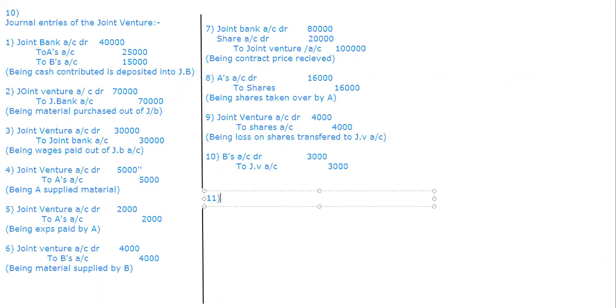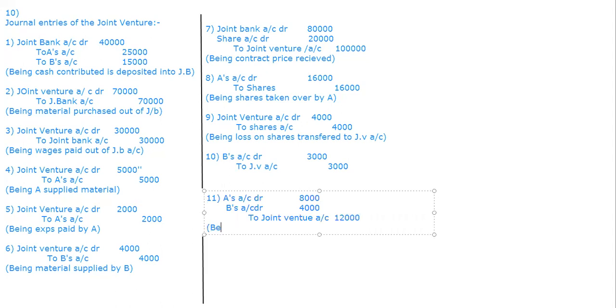So 11th transaction is A's account debit, which is 8,000, and B's account debit, which is 4,000, to joint venture account, which is 12,000.